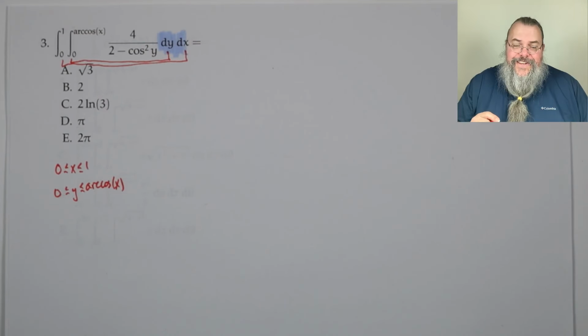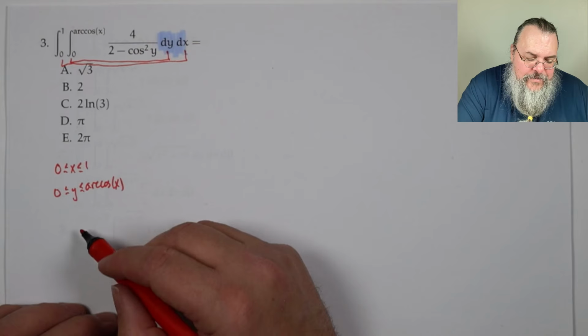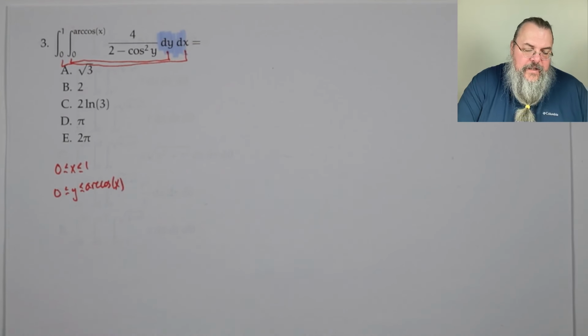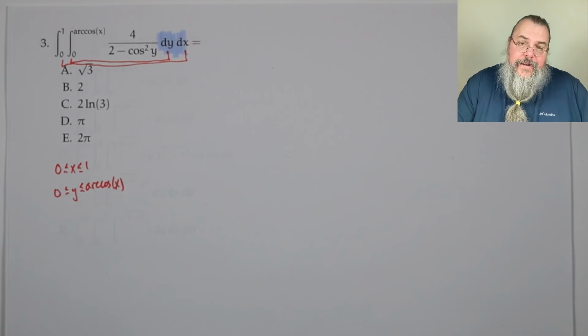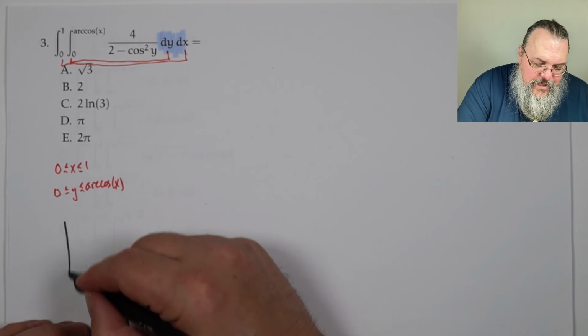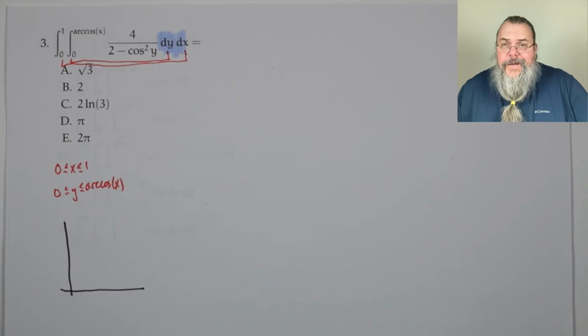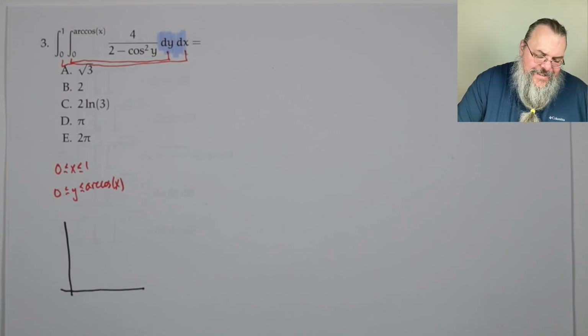I'll show it to you. Now, a lot of these curves are pretty easy to understand. You say, oh, x equals 0, x equals 1, I understand that. Y equals 0. Yeah, no worries, I understand that. And so then you get to that last piece, which is y equals arc cosine x.